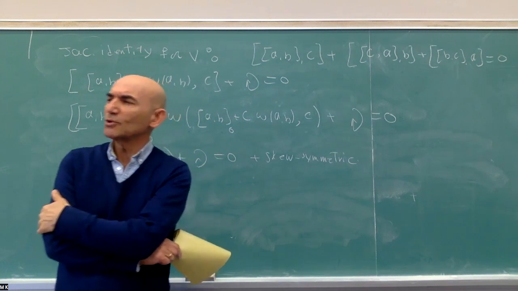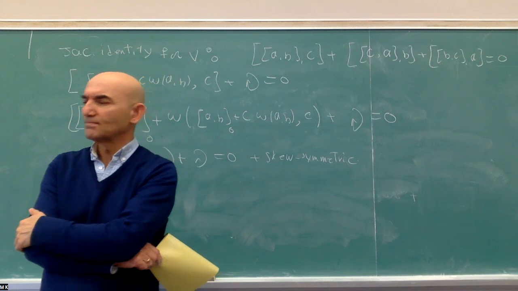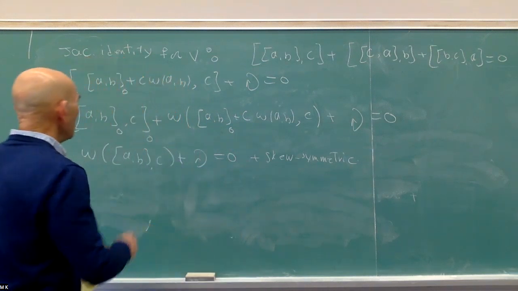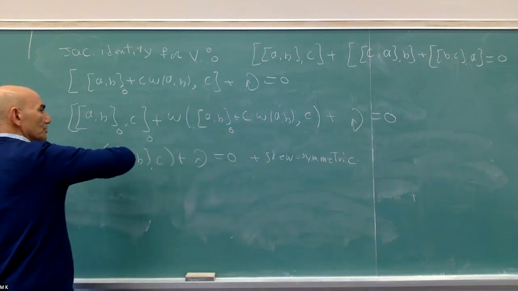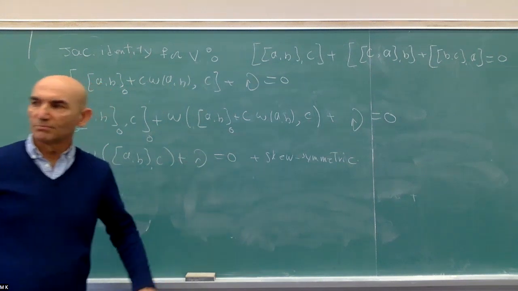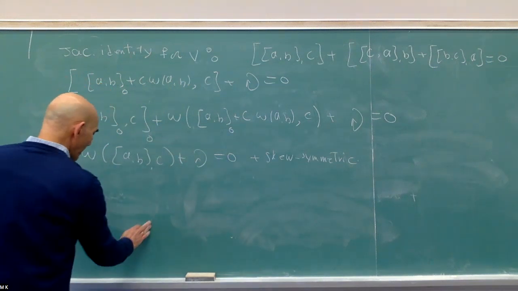Well, no, I'm not sure I can, because I don't know what the module structure is. So, sorry about that. I'm not prepared to derive the condition. But we can consider it.